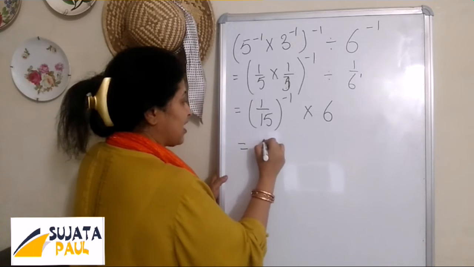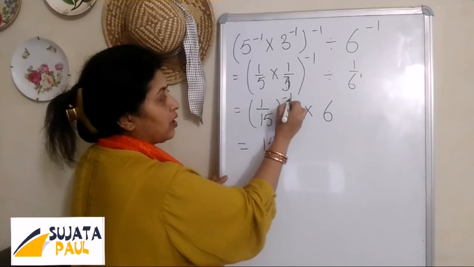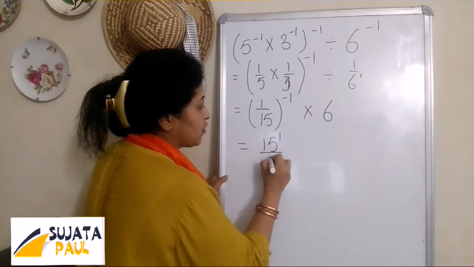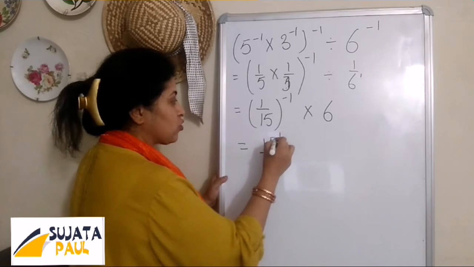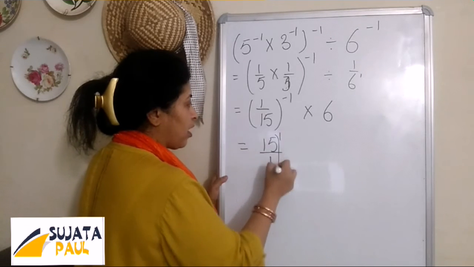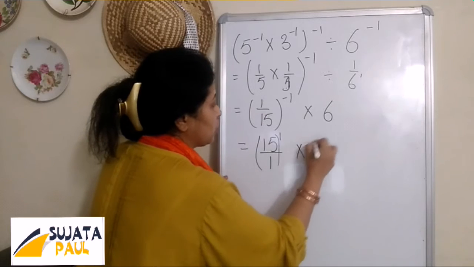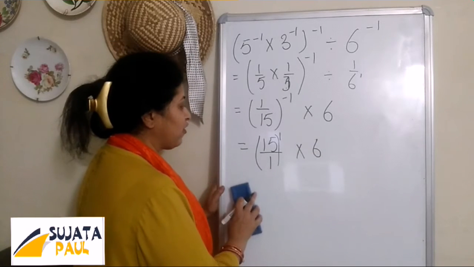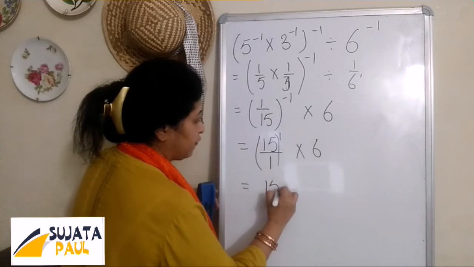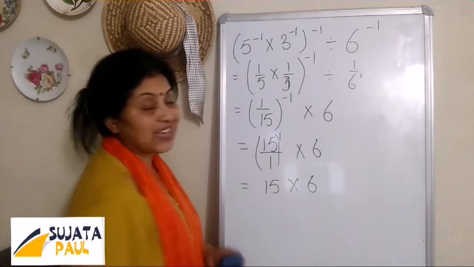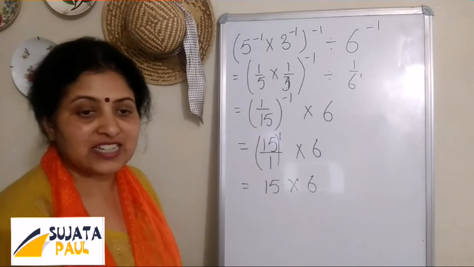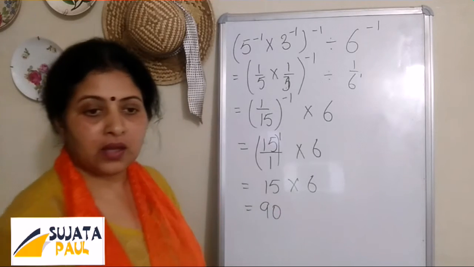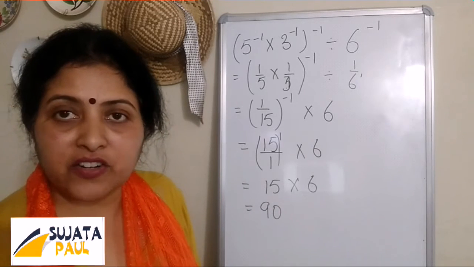Now I can write this as 15, the reciprocal, and raised to the power of minus 1 will become raised to the power of 1. So 15 upon 1 raised to the power of 1, both are raised to the power of 1, into 6. But to keep it simple, I can leave it as equal to 15 into 6, which is 90. Right? I hope this one is clear as well.